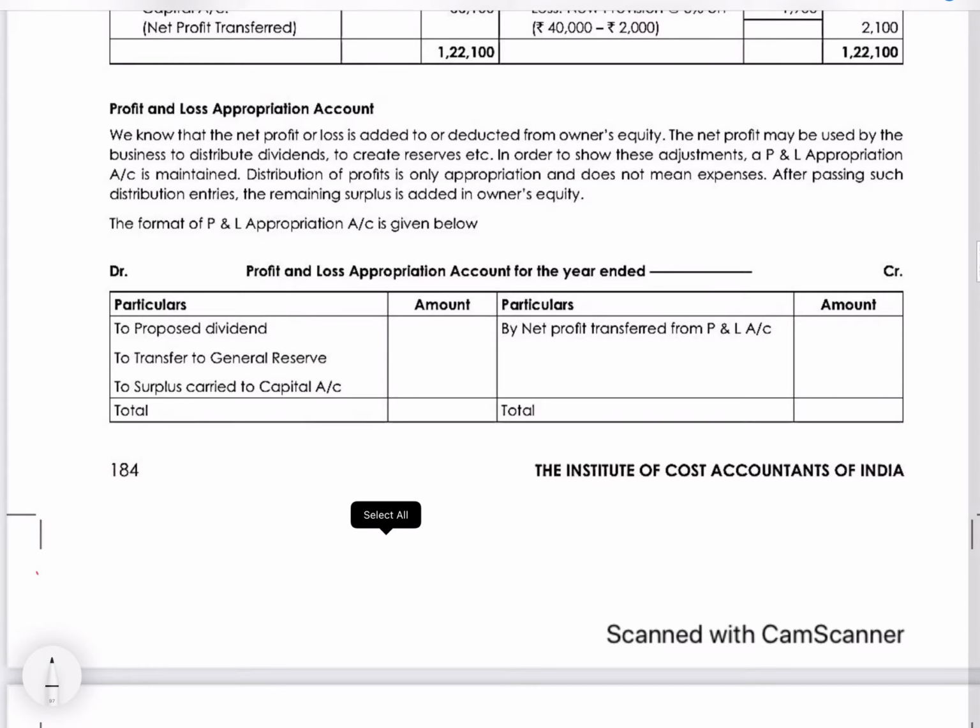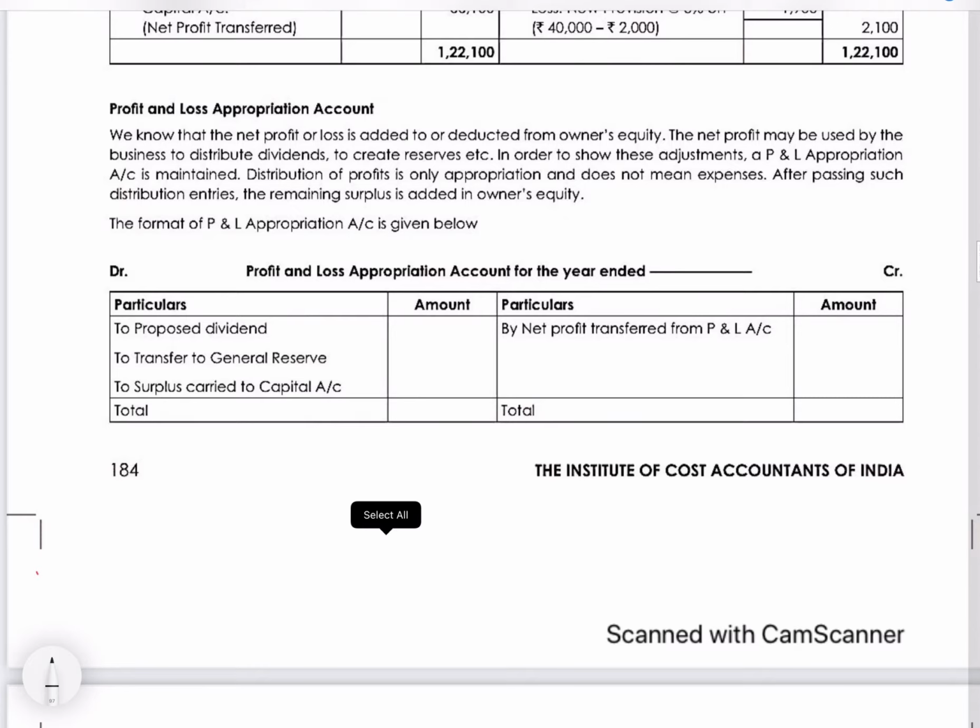It shows how the owner, the proprietor or the partners who own the business, will utilize the profits and allocate them, and for what purpose. That presentation will be shown in the profit and loss appropriation account.